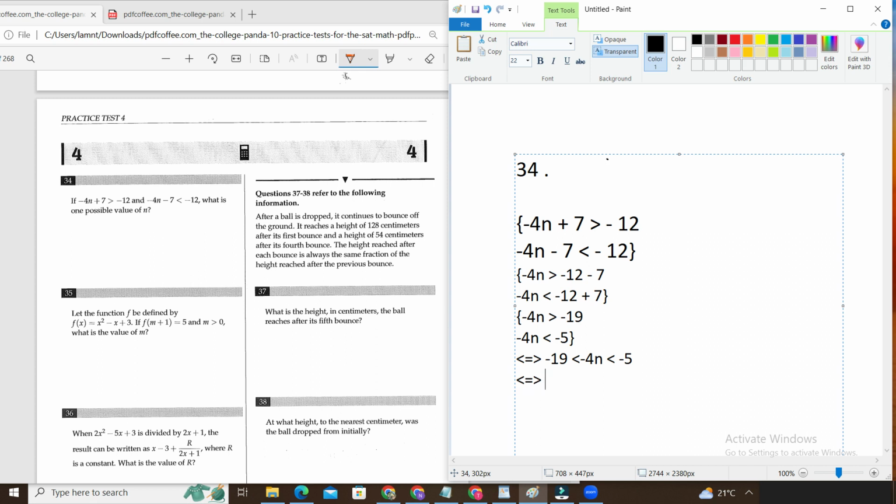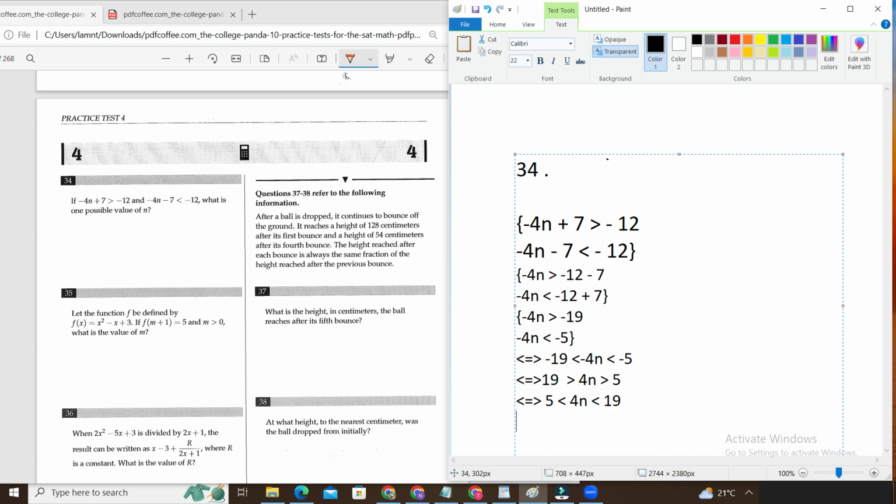So it becomes 5 less than 4n less than 19.